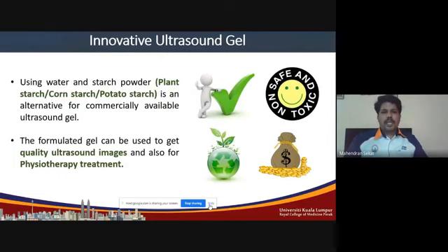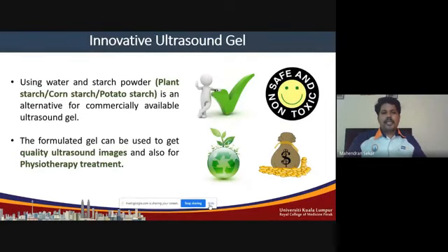In this innovative product, we simply used plant starch, mainly obtained from plant seeds, and we also used cornstarch and potato starch as alternatives for the ultrasound gel preparation. We also added one more ingredient, aloe vera gel, to improve the properties of the gel.